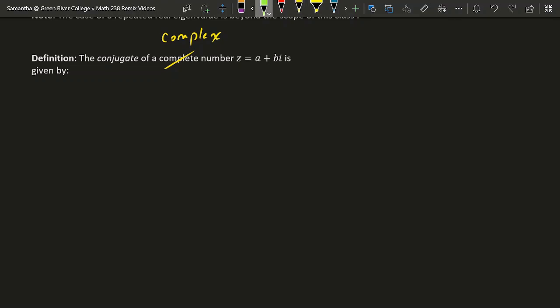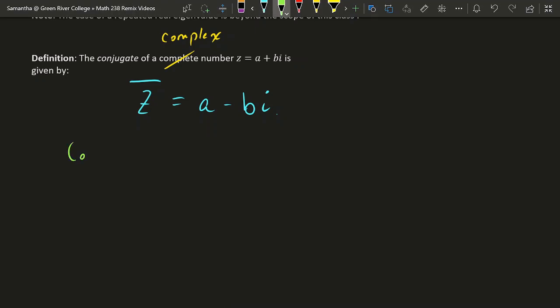The conjugate of a complex number z equals a plus bi is traditionally noted by putting a horizontal bar over the complex number. The conjugate is related to the original complex number by taking the imaginary part, the part next to the imaginary number i, and switching the sign. If it was positive, make it negative. If it was negative, make it positive.